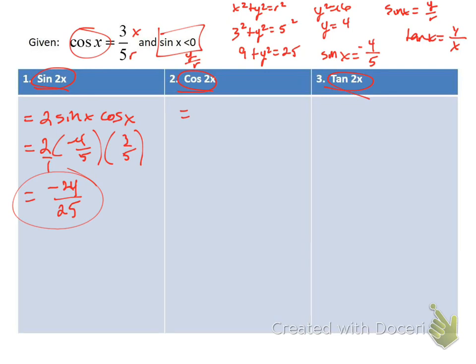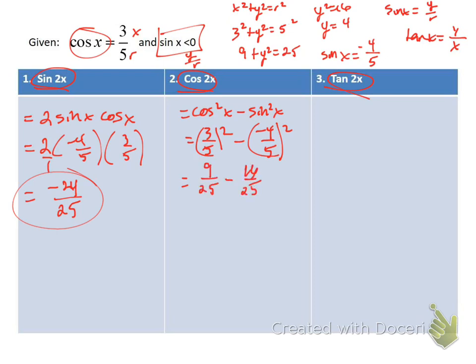I'll go ahead and just use that first one. We take the cosine of the angle and square it, then subtract sine of the angle after it's been squared. So cosine squared minus sine squared. We take 3 over 5 squared minus negative 4 over 5 squared. So we get 9 over 25 minus 16 over 25.